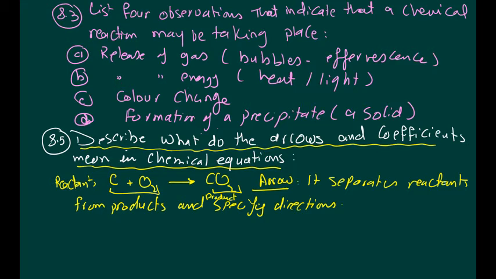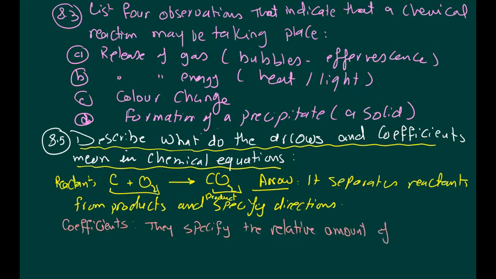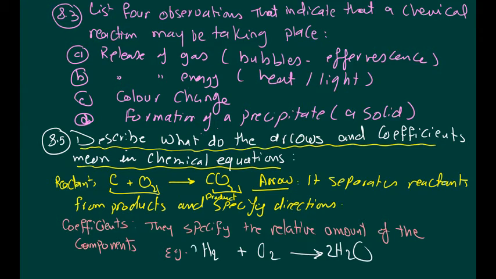While coefficients specify the relative amount of the components. So if we make a reaction between hydrogen and oxygen to produce water, this is the balanced equation.